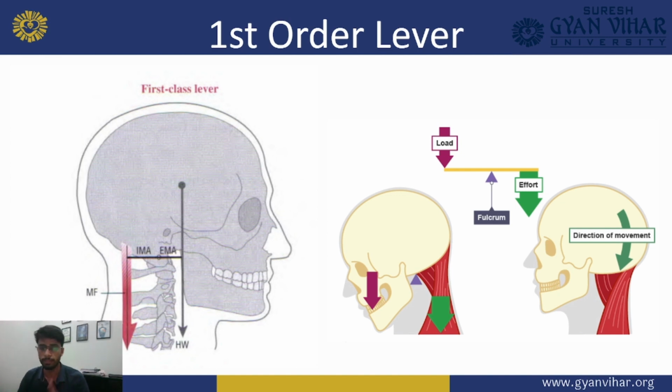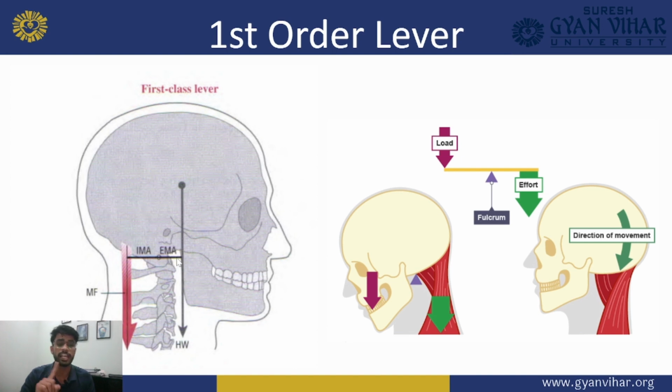There is one more important concept that you must know, which is the moment arm. This is a very basic concept: the moment arm is the perpendicular distance from the fulcrum to the point of force. It can be to the effort also, it can be to the load also. So in this example, there are two moment arms.